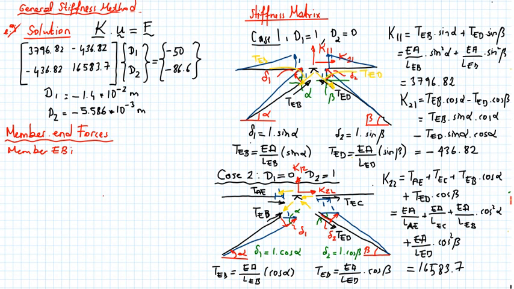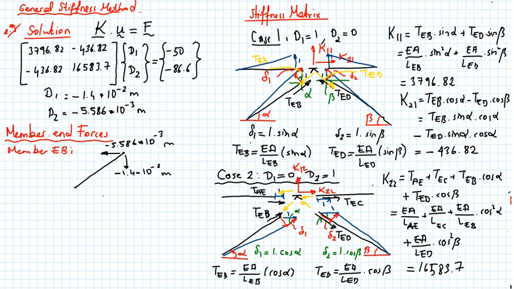So let's draw it. This is member EB. This point moves in the downward direction and magnitude is minus 1.4 times 10 to the power minus 2 meters, and it also moves in the horizontal direction and magnitude is minus 5.586 times 10 to the power minus 3 meters.